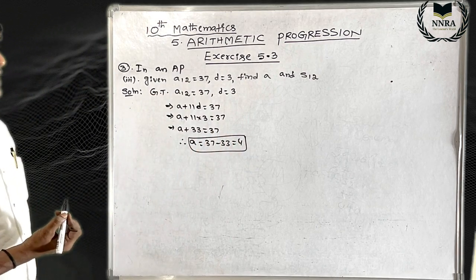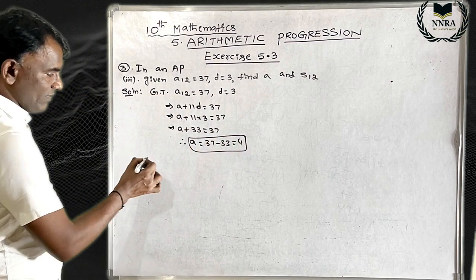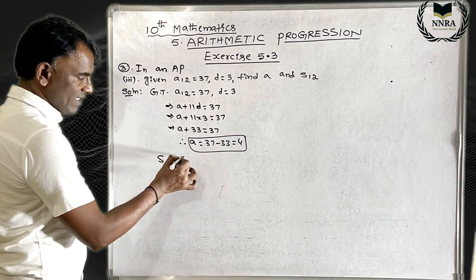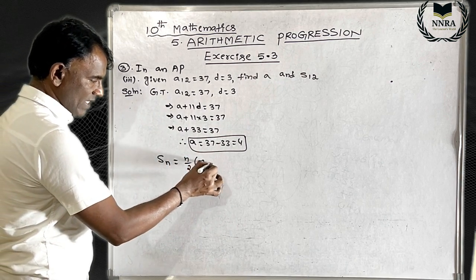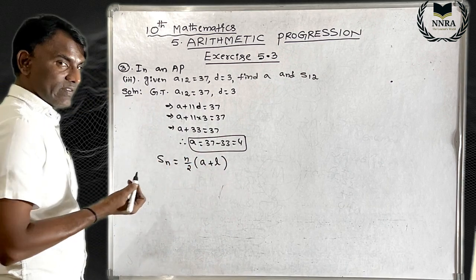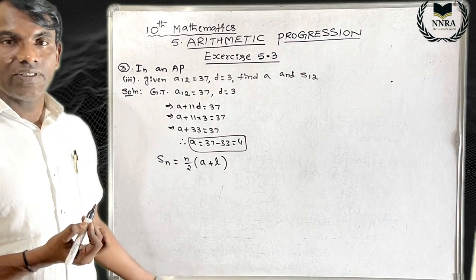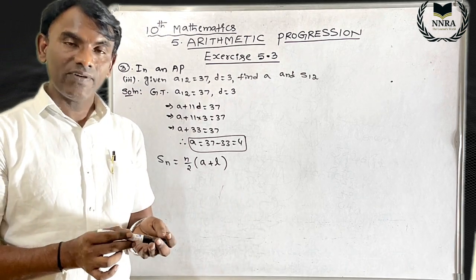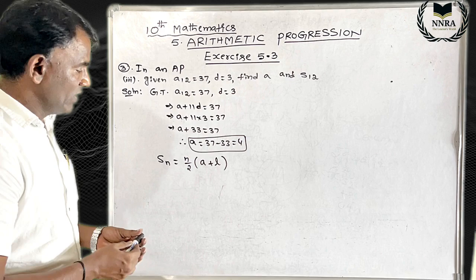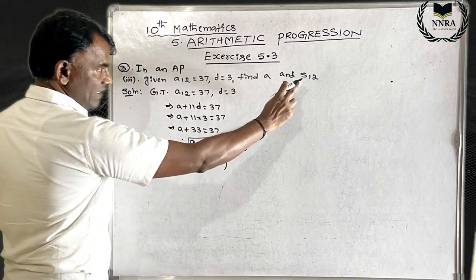Now we find S12. So the Sn formula is there. What is that? n by 2 into A plus L. Now I am using this formula only. Otherwise, if you want to apply the previous question's formula, you can use that one also, no problem. Now what is the value of n? n equal to 12.